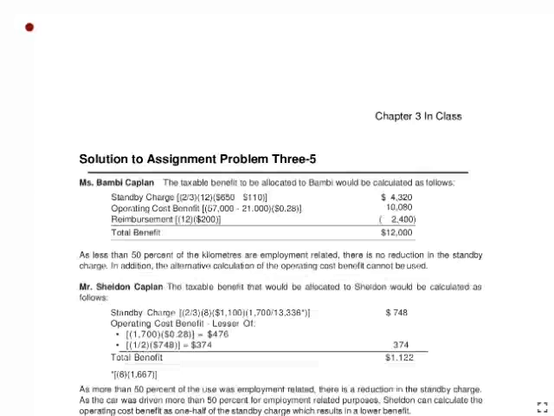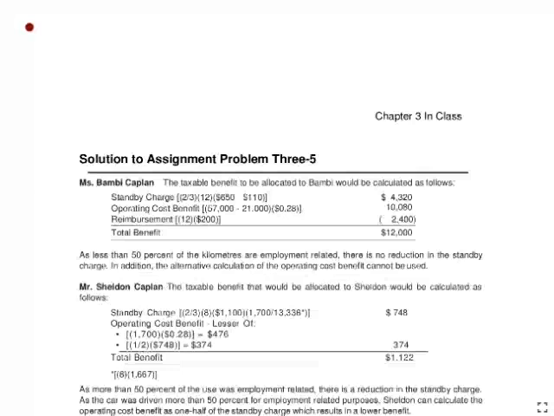Bambi is provided with a BMW 300 series. The company leases this vehicle for $650 per month. This amount does include some insurance, $110 per month for insurance.